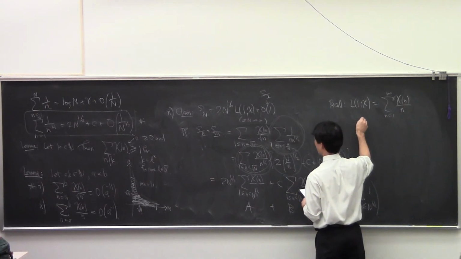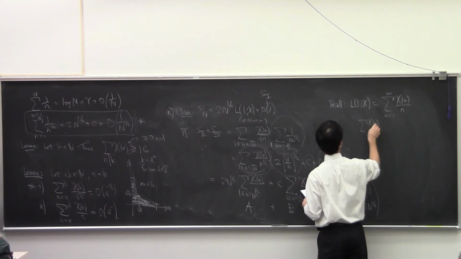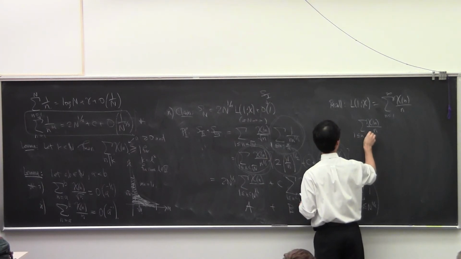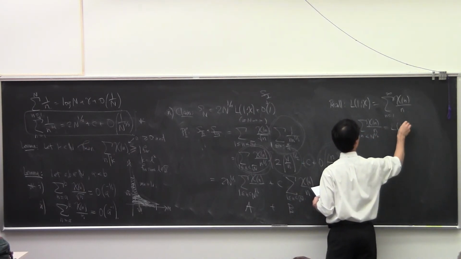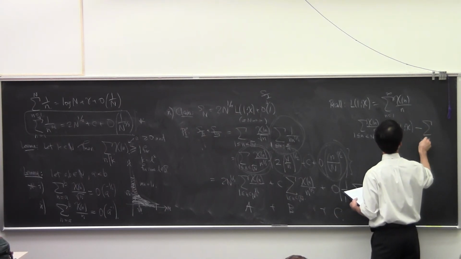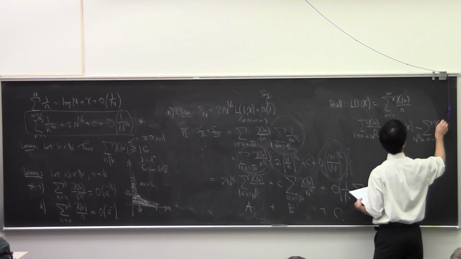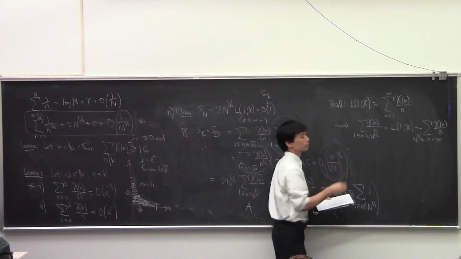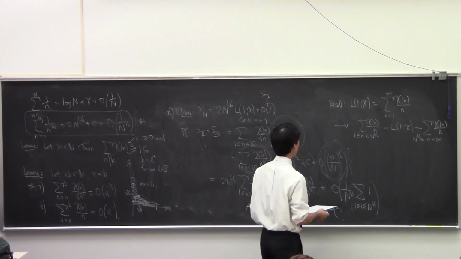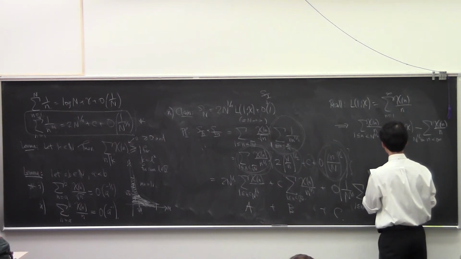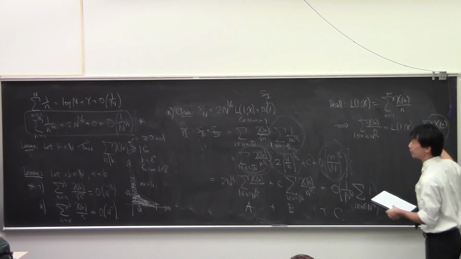So this thing, the sum of chi n over n to the 1/2, is L1 chi, but subtracting off the tail, where n exceeds capital N. And you know that we have some control.